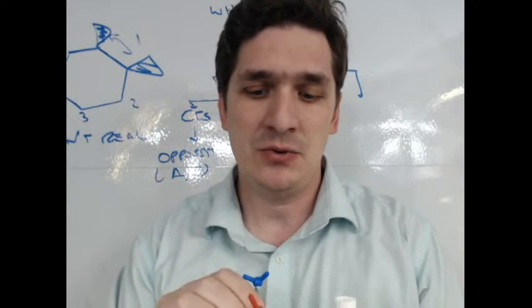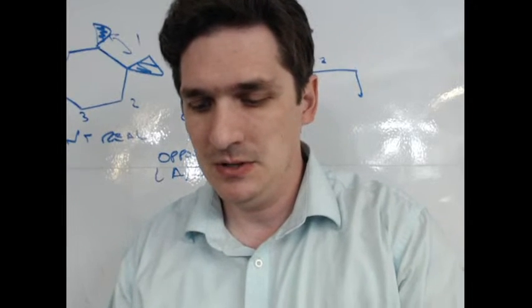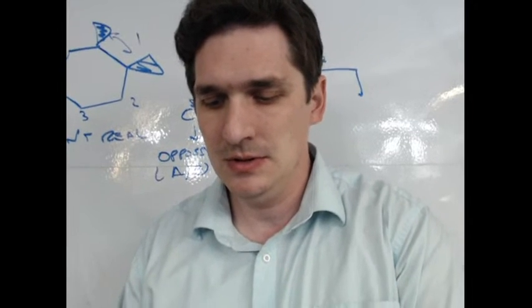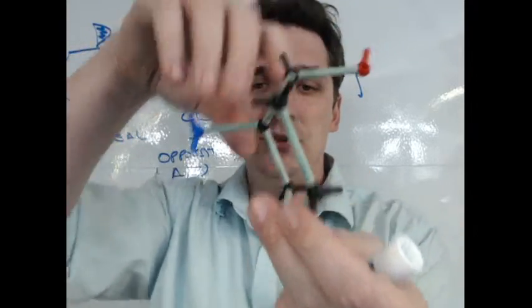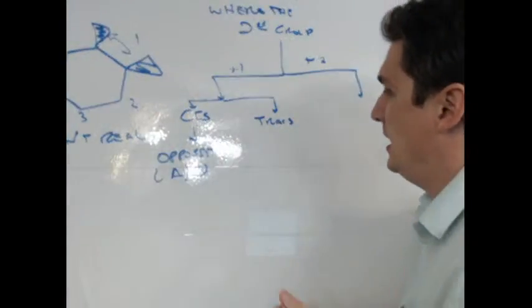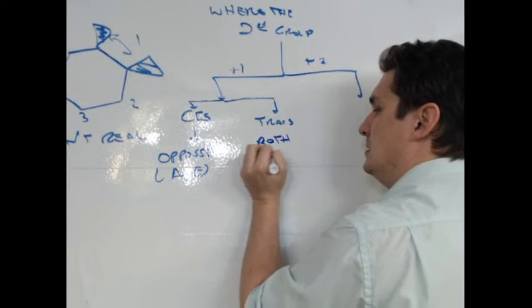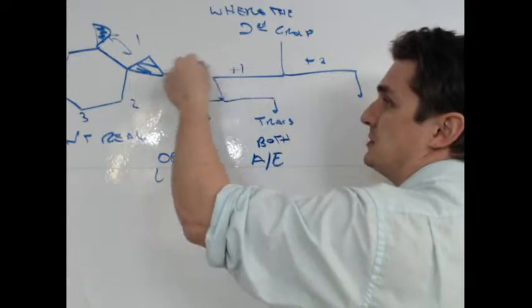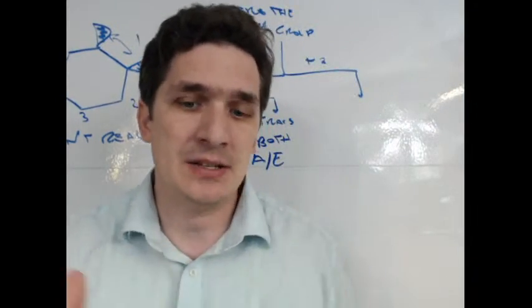Now let's say I start with them both trans. It's kind of hard to build, particularly with this molecule getting so old. So I build them trans. Now if I pop one up and make it axial, now they're both axial. And if they're just 1 unit away, they end up being opposite axials.